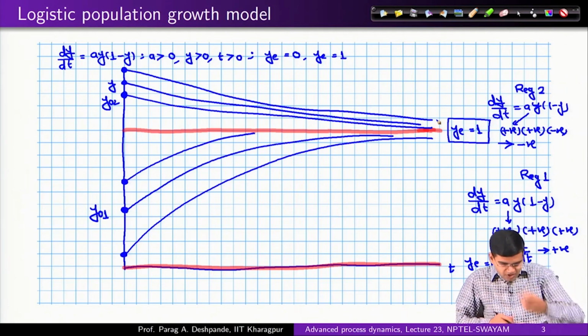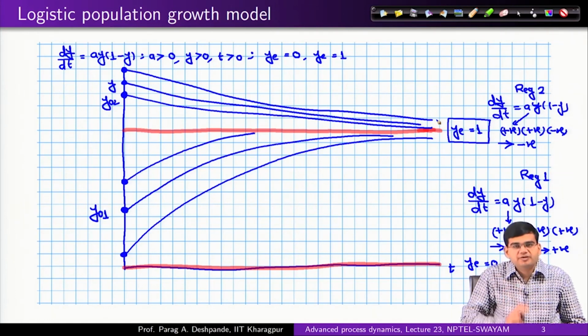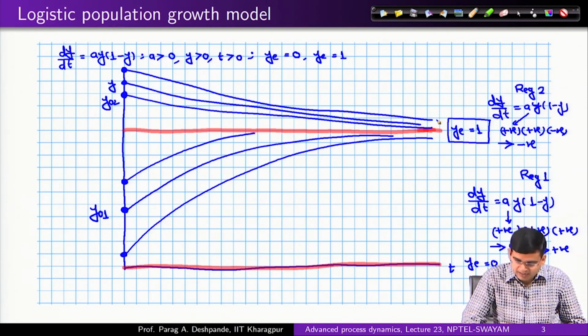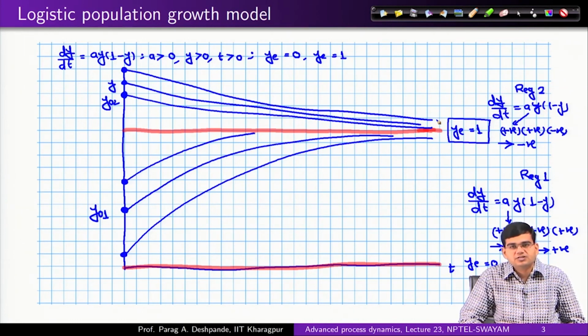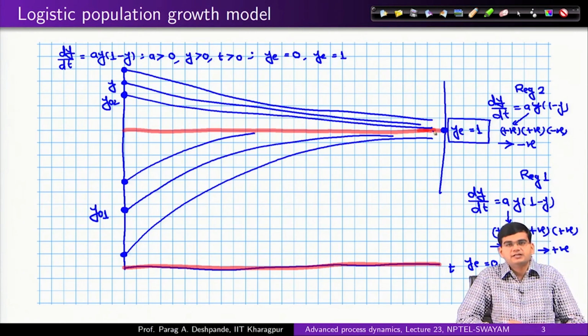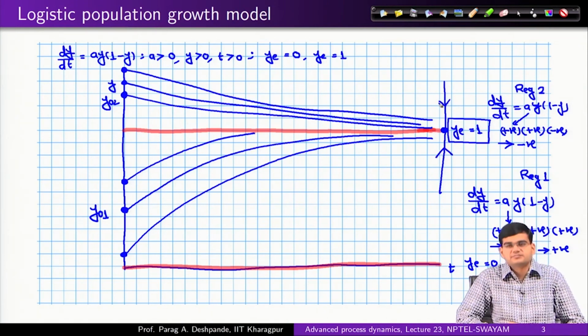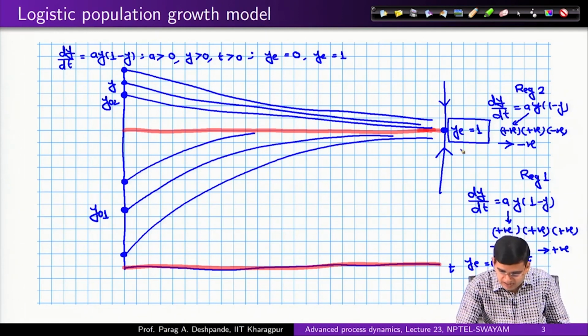So, now what you saw is something like this, that you had two equilibrium populations and all the solutions merged or had a tendency to come asymptotically towards y is equal to 1, right. So, therefore, I can draw these arrows, which means y is equal to 1 is a stable equilibrium solution.